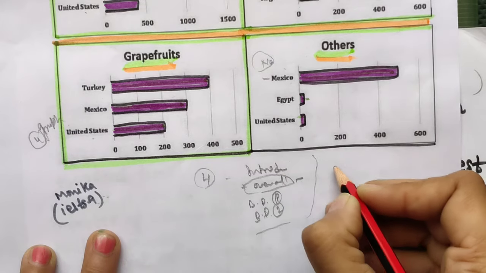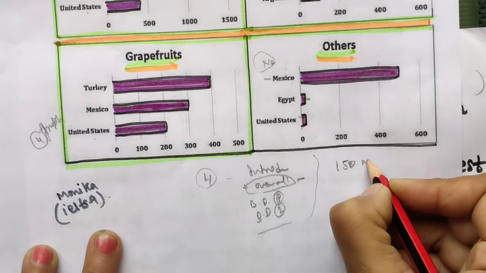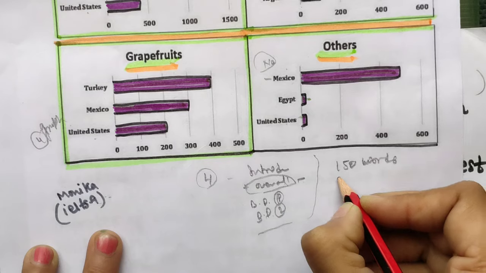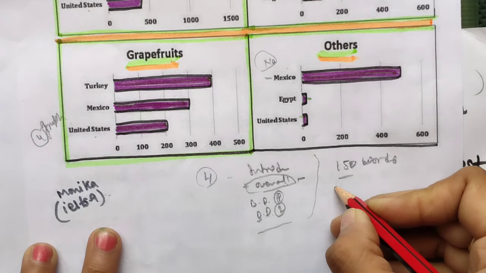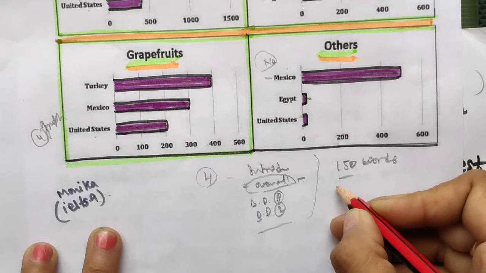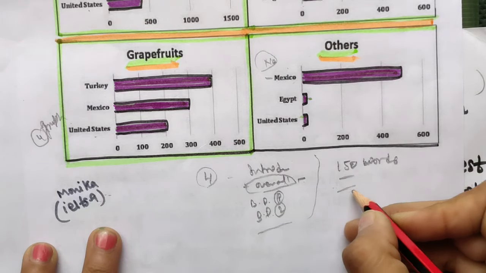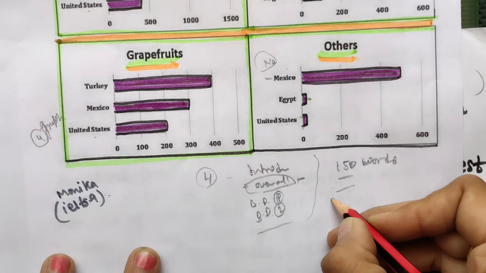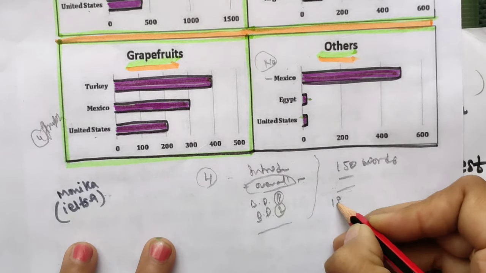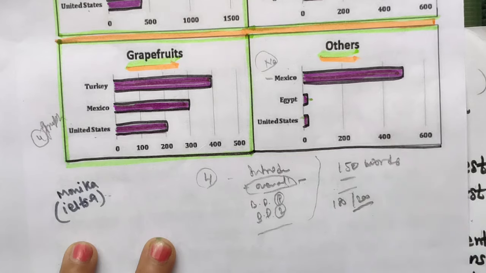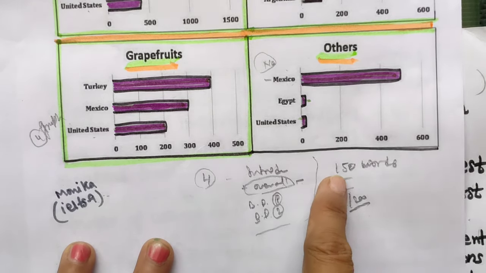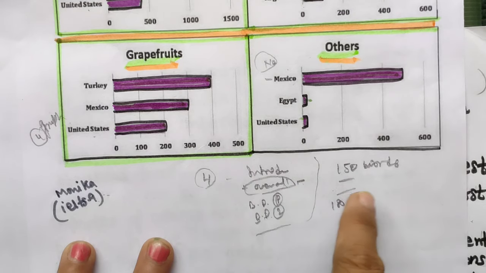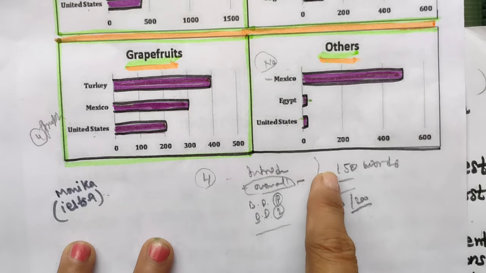The minimum word limit is 150 words, and there is no fixed maximum, but if you write 400-500 words, nobody will read it, it will be too lengthy. So keep it short, within 180 or 200 words I am suggesting. Not only 150 words, because if some spelling mistake is there, they will cut that from your total. It's all up to you.